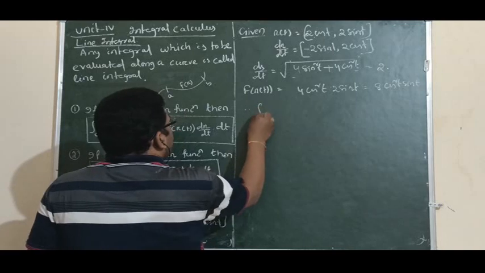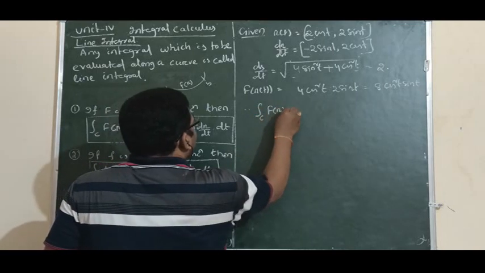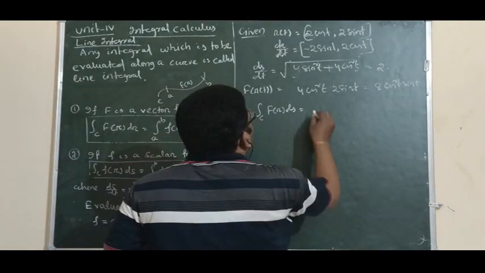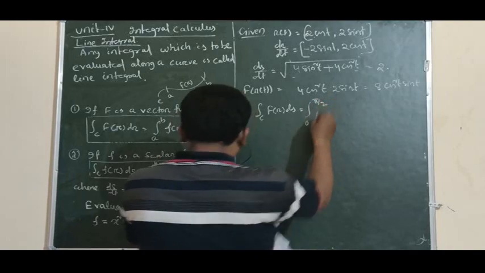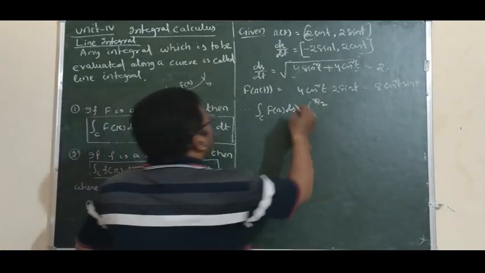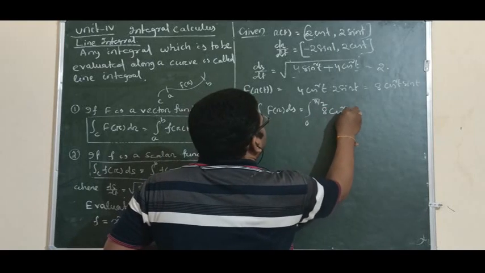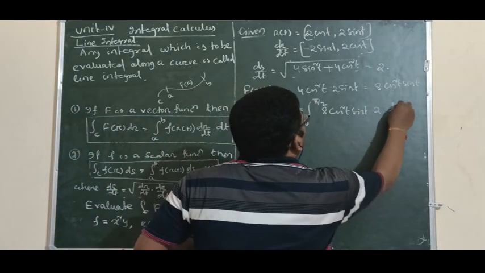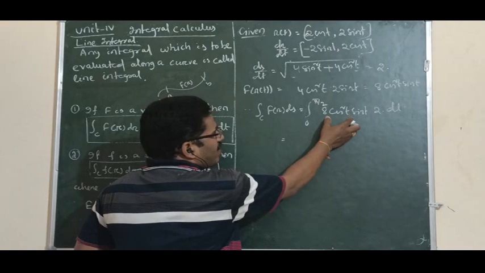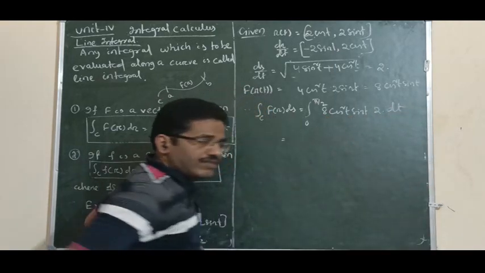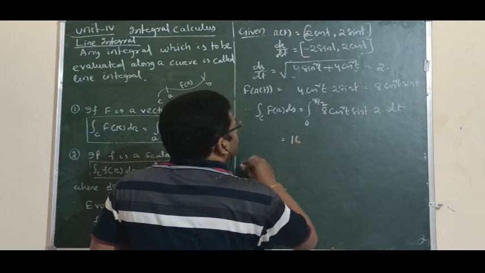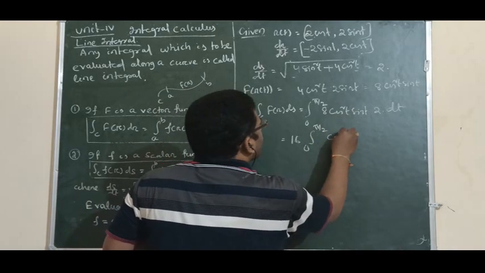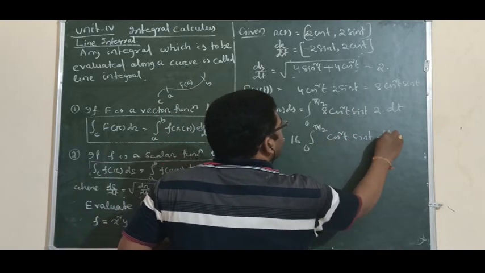Therefore, the integration over c of f of r ds equals the integration from 0 to pi by 2 of 8 cos square t sin t multiplied with ds by dt, which is 2 dt. So this becomes 16 times the integration from 0 to pi by 2 of cos square t sin t dt.